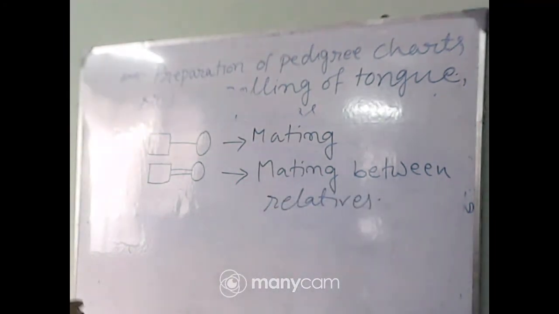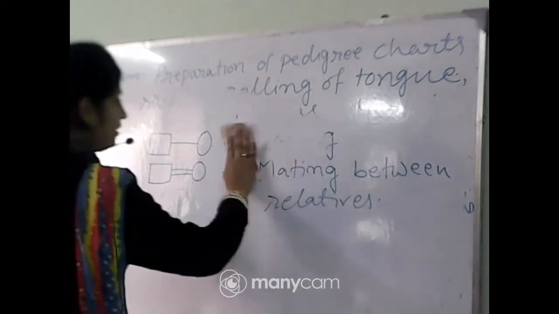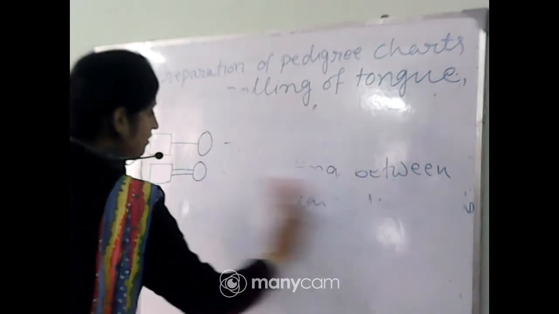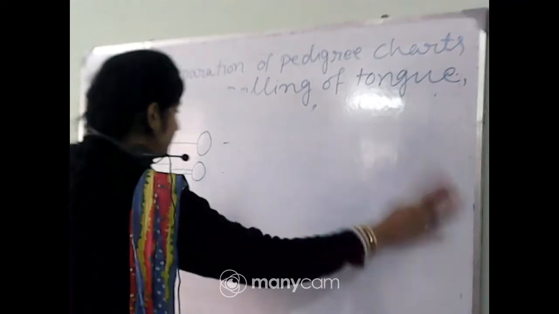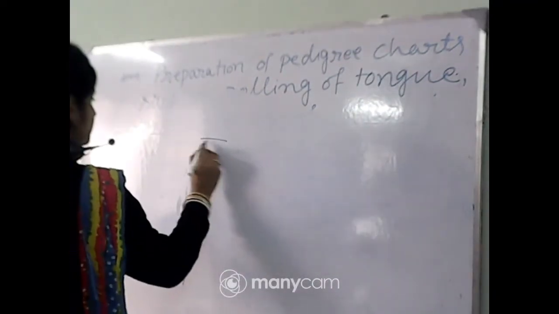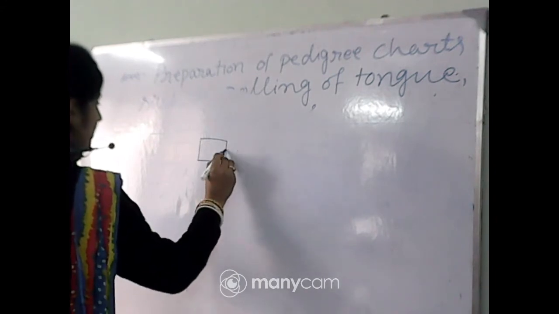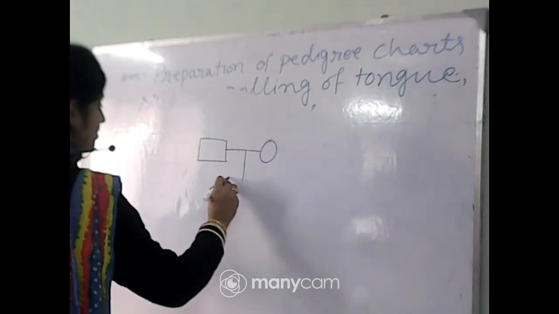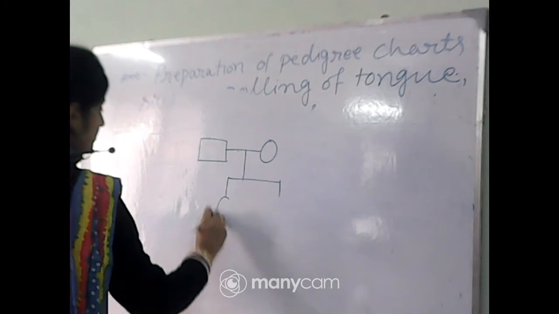When you see parents on the top and the same kind of structures below, that means parents and children. There is one circle and one square above, and just below there is one circle and one square.